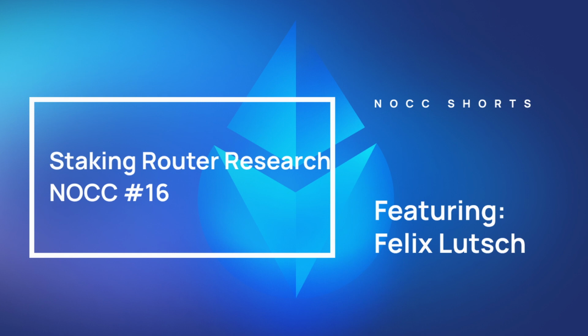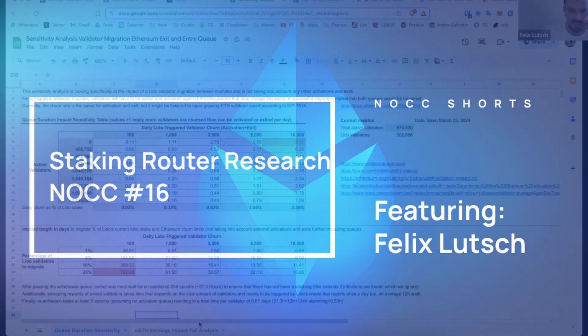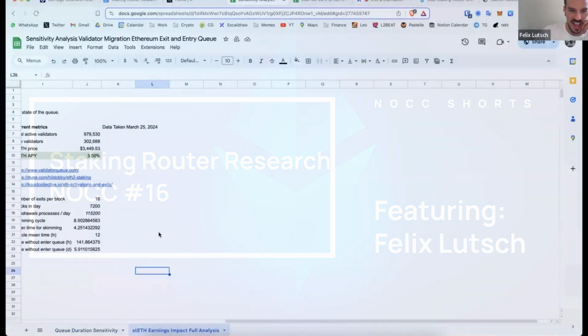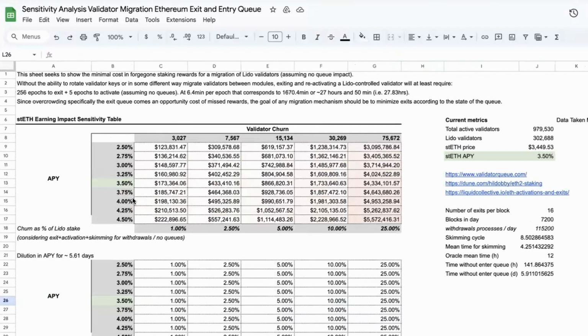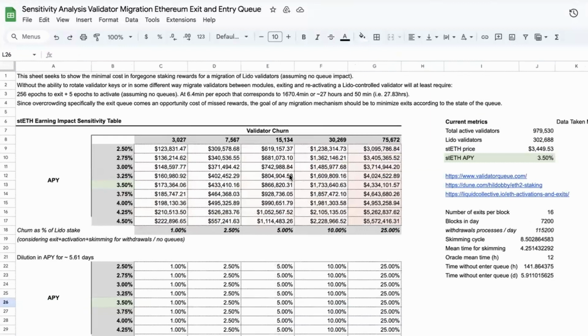Yeah, maybe I can even share, no, sorry, not this, the sensitivity analysis directly. So we're essentially looking at some different scenarios of APYs and validators that are being migrated, taking into account the entire exit queue. So you need 27 hours to exit a validator plus whatever the queue is. And there's a bunch of things that need to happen for an exit to actually happen.